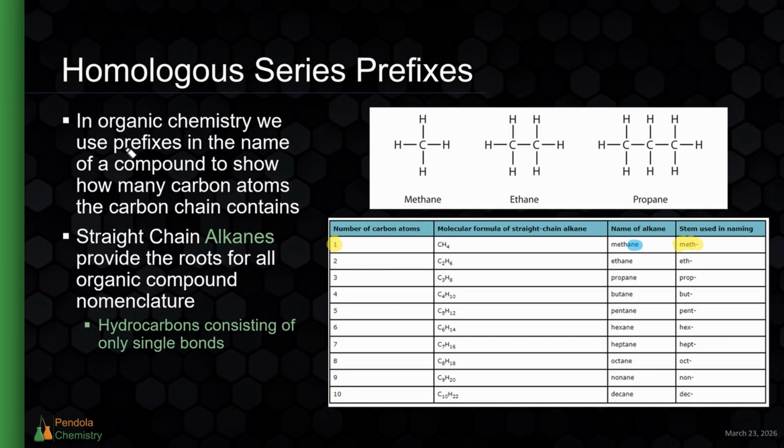But for alkanes, we're always going to just grab the root and add the ane ending. So for a 1 carbon alkane, that will be methane. For a 2 carbon alkane, we'll have the eth root or prefix, however you want to see it, with the ane ending. So a 2 carbon alkane will be ethane.